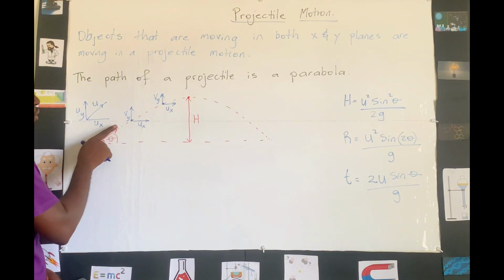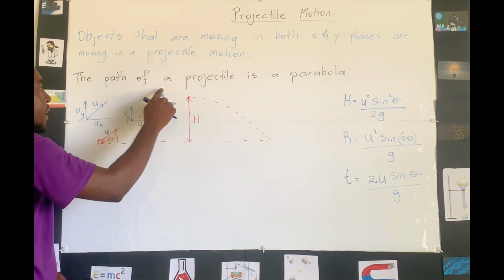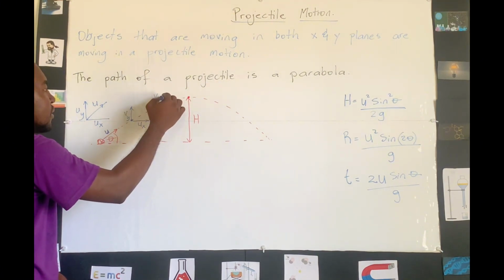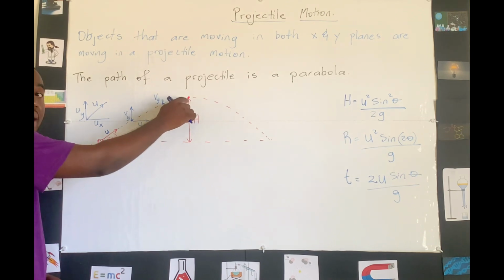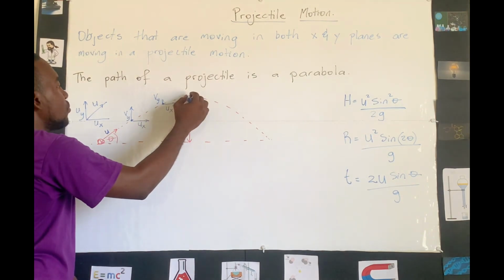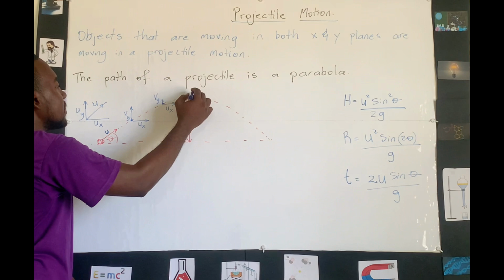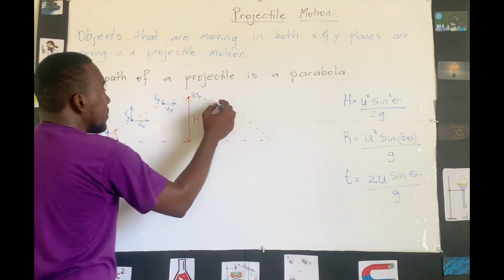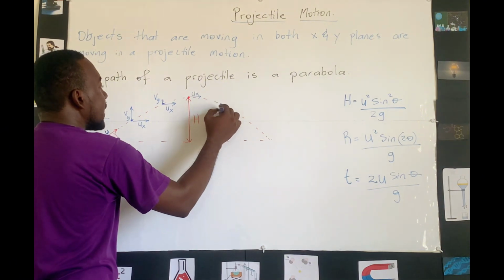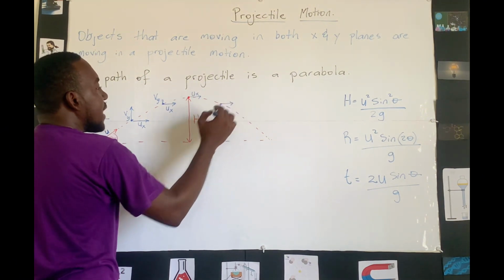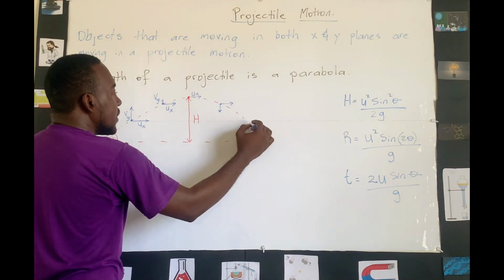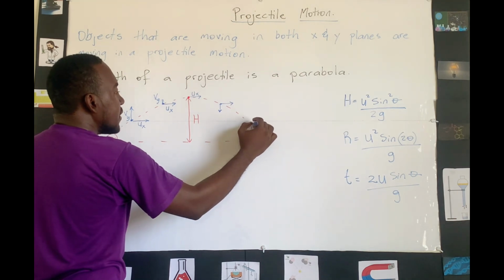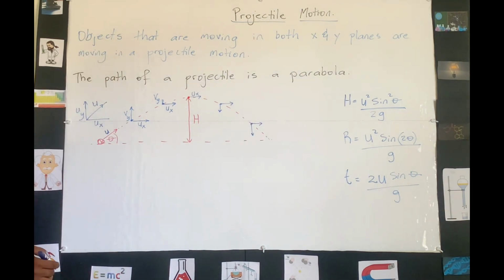So going up, the y will be getting smaller and smaller, until it reaches the maximum height where there is no y and all that velocity is just u. And then when it's coming back down, we now start having y, still have x. When it's going closer here, the y gets bigger, x is still the same value.